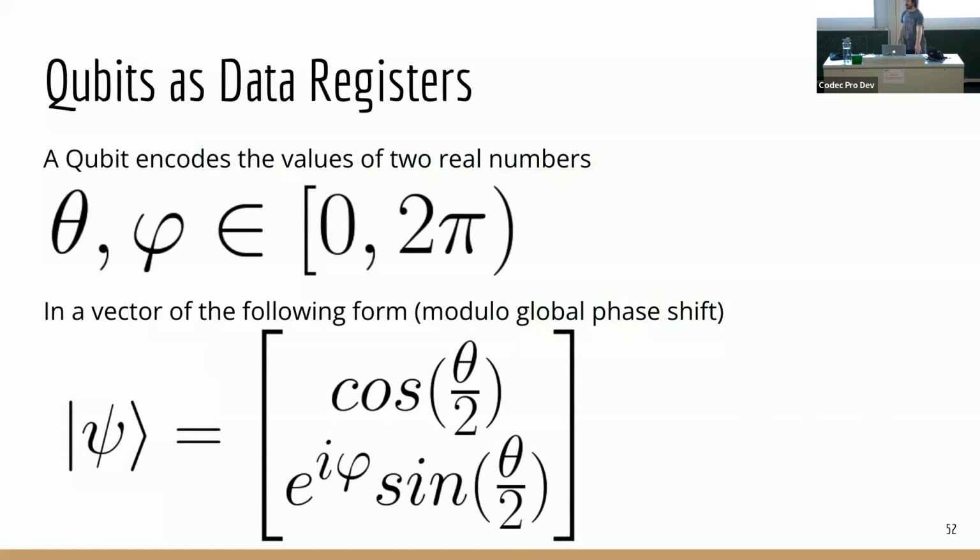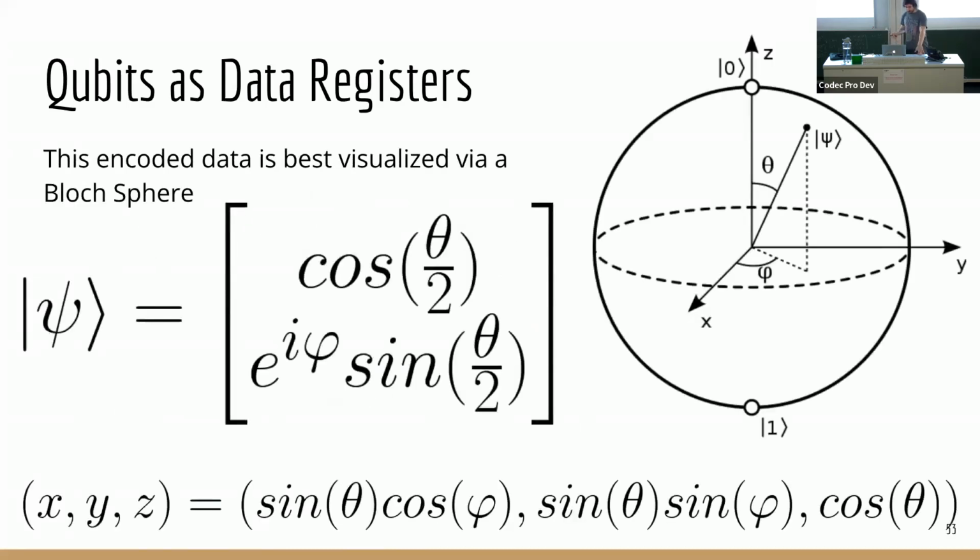So we can think about qubits as data registers. Remember that we've shown a qubit can encode two real numbers, and we can take this data and use it to parameterize a qubit in the following way. And we can show that a very easy way to visualize this is as a point on the surface of a three-dimensional sphere, aka the Bloch sphere.